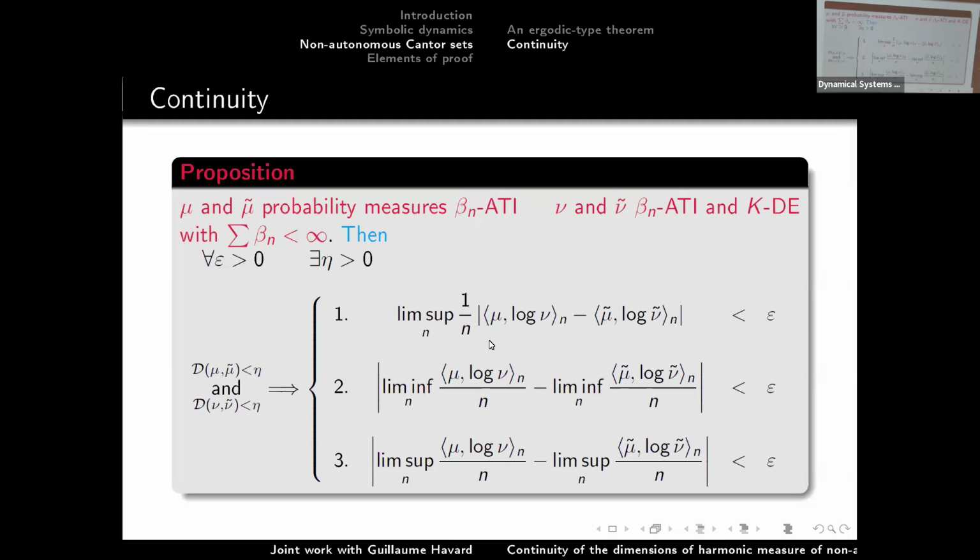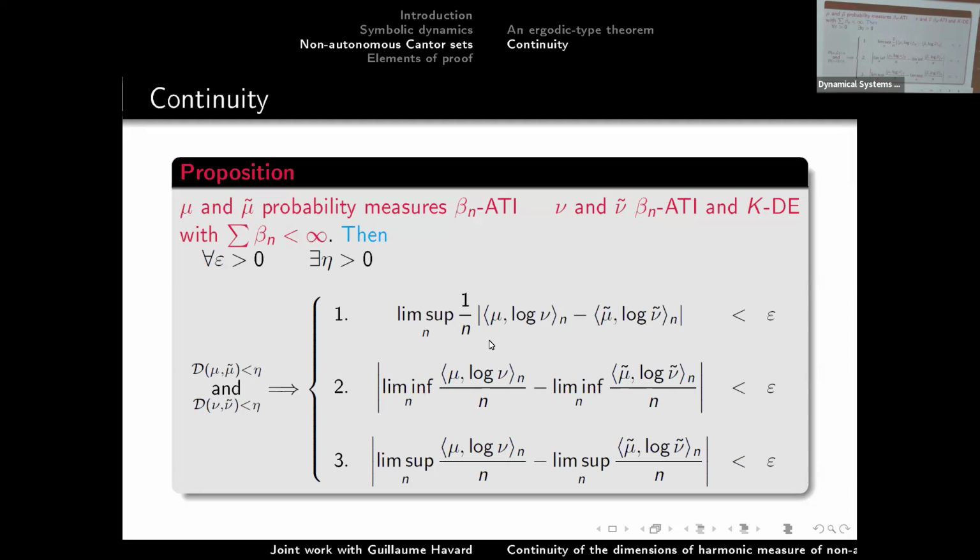If this difference goes to 0, of course, they have the same limit infimum and the same limit supremum. If this difference goes to 0, the limit inferior of this sequence will be equal to the limit inferior of this one, and the same for the limit superior.